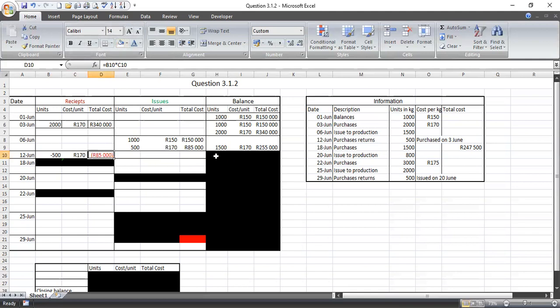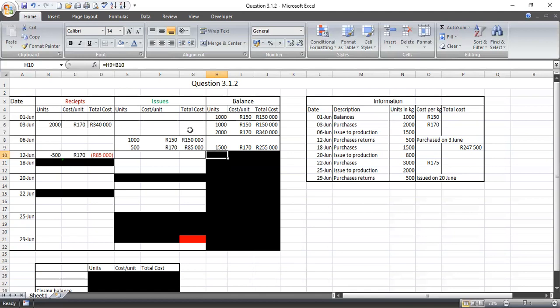When we calculate our balance, we have to decrease the balance that is currently in the warehouse. We have 1,500 units currently in the warehouse. These 1,500 units have to be decreased by 500 units because we don't have this inventory in our warehouse anymore. It was returned to our supplier.